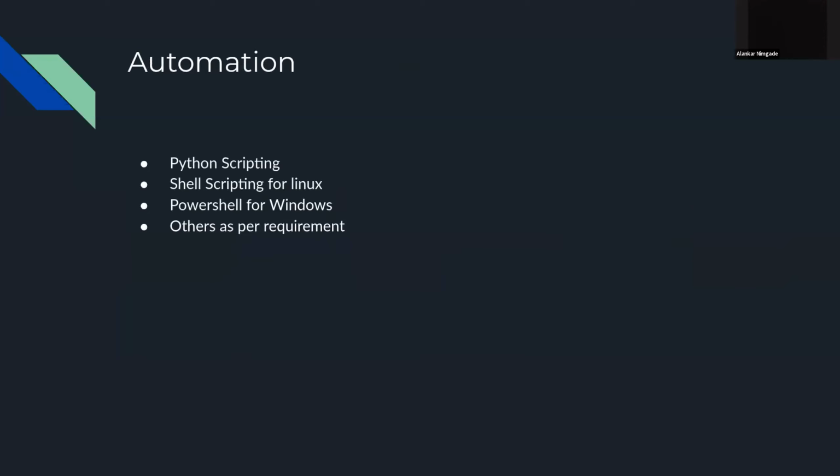Okay, so the next slide is automation. Automation tools will also depend upon your organization. Python and shell scripting are the important things. You would need Python scripting and shell.